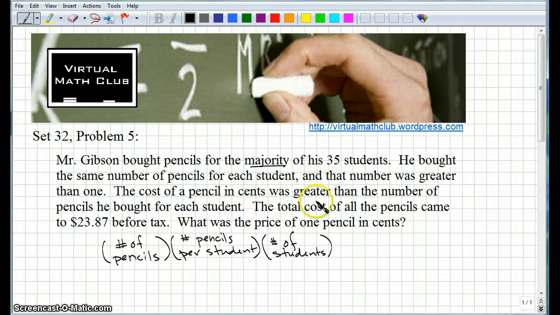So we don't know how many students he bought for, but it's got to be greater than half of 35.